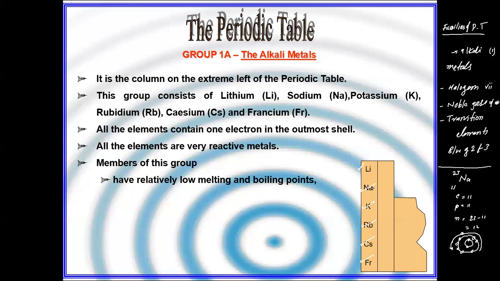As we go down the group, the valence shell electrons go away from the nucleus. As a result, the force of attraction between the nucleus and outer shell electrons decreases. Less energy will be required to remove the electron from the outer shell as we go down the group. Before melting and boiling, the elements have to lose their electrons. Hope you understand why melting point and boiling point decrease down the group.